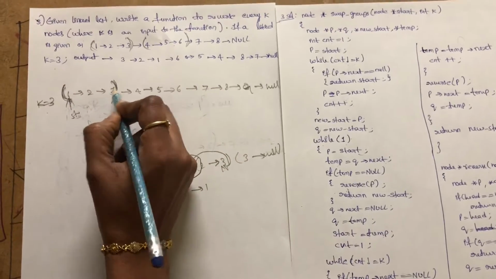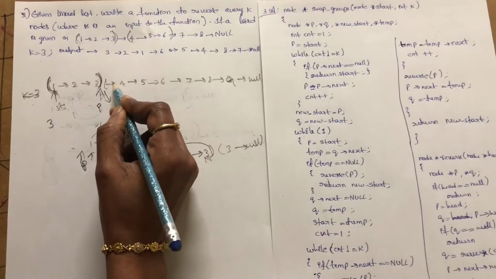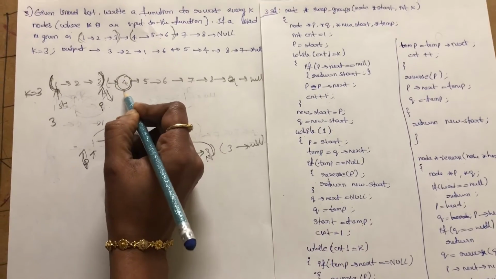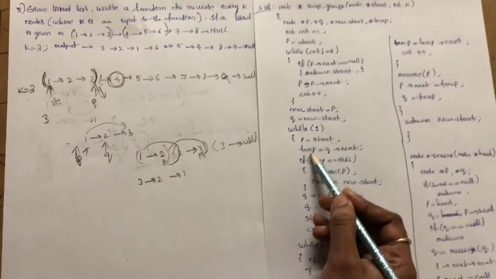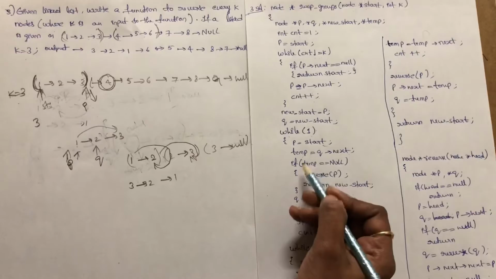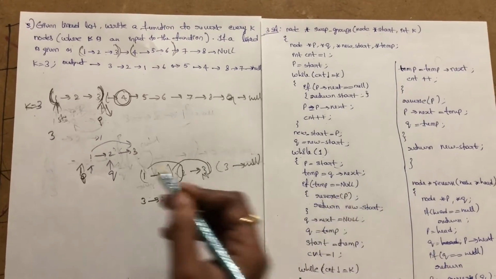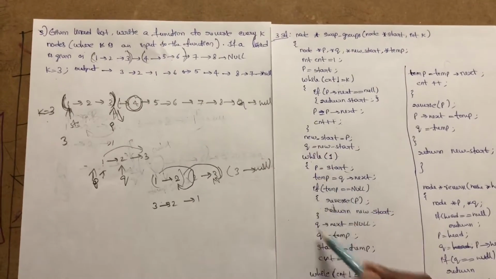So P is going to be the starting node, then the link will be broken, and we have to save the address of the next element in the temporary variable. Here we see Q's next is equal to the temporary variable. If the temporary variable is equal to null, then it will just reverse, and we will see this part later.